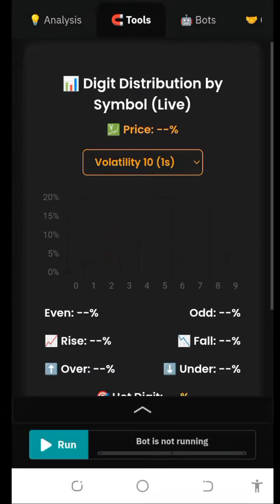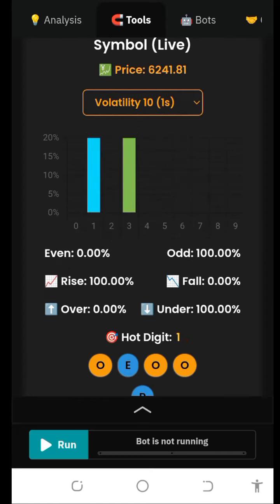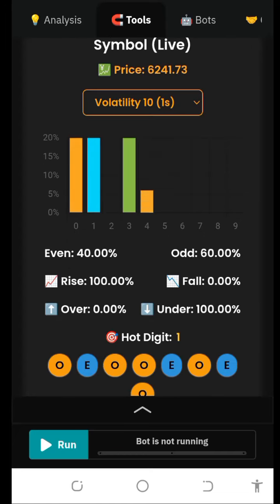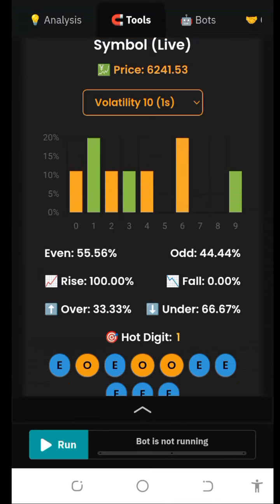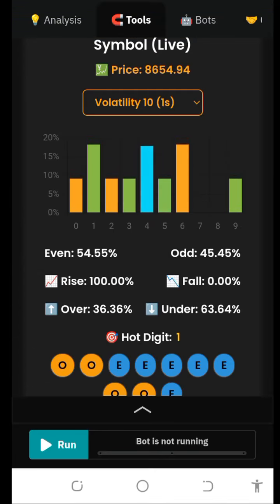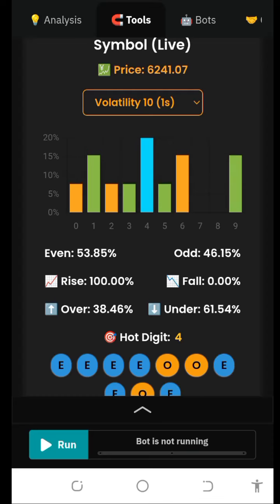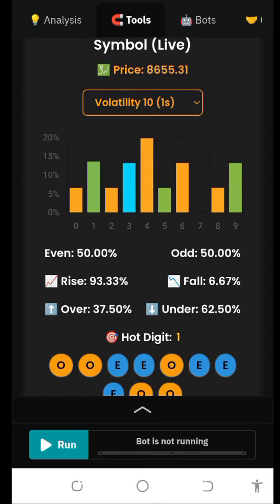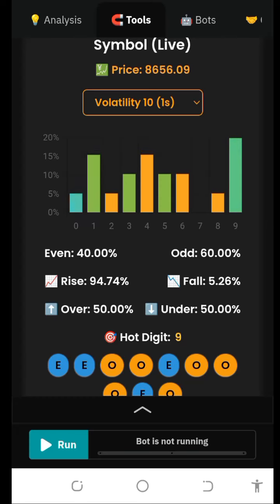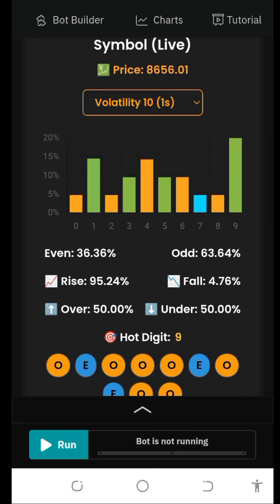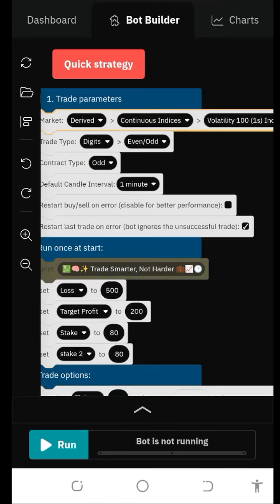Let's scout, look at volatility 10 (1s), odd at 60 something. I have refreshed everything, so let's see now even at 53, odd at 60. Okay, odd at 60.